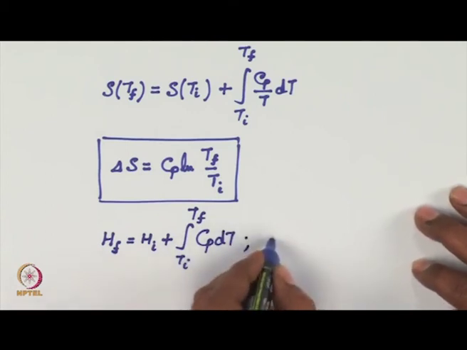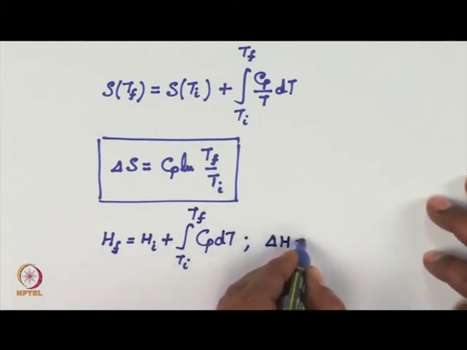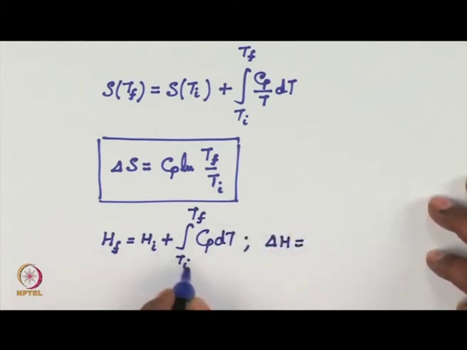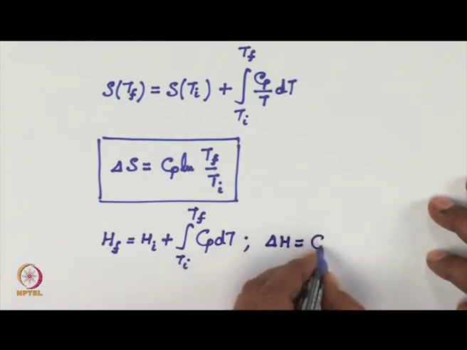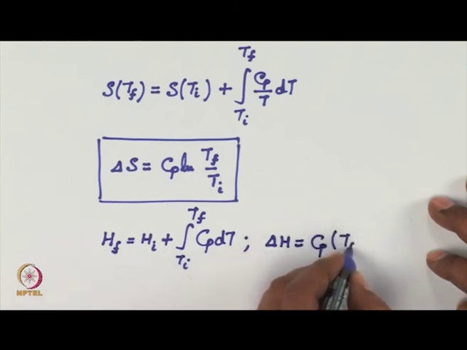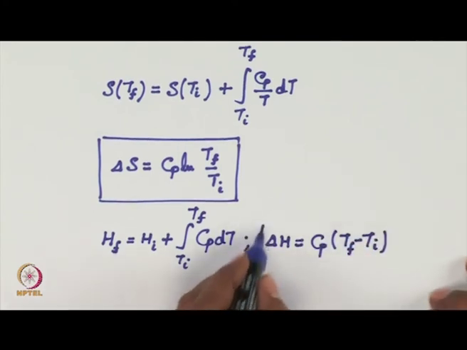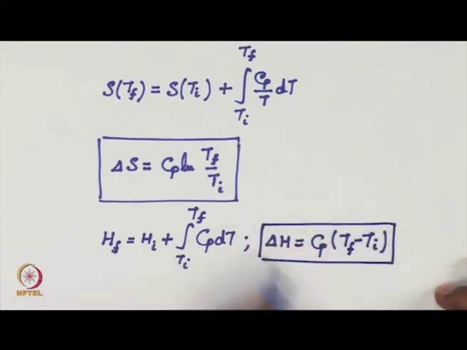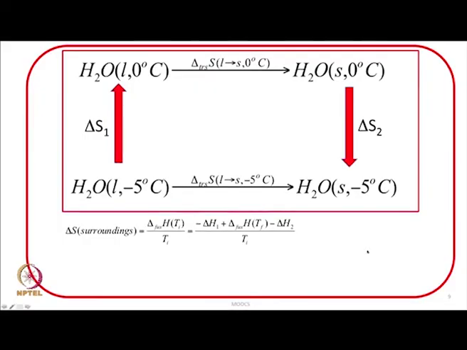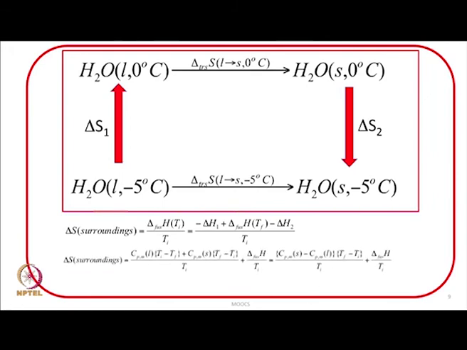which can be written as delta H is equal to Cp times delta T, if I assume Cp to be independent of temperature. I make use of this expression, and this is what I will use here for minus delta H. It will turn out to be Cpm of liquid into T_i minus T_f.